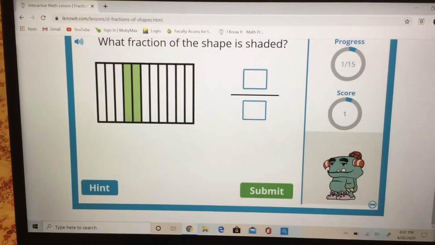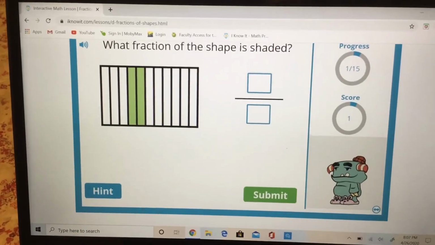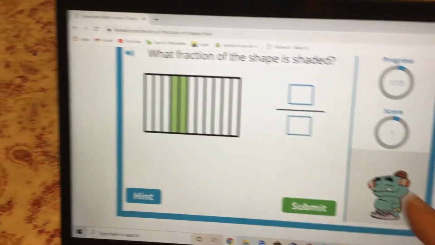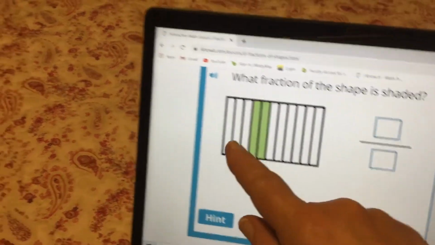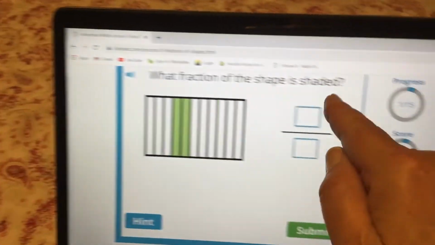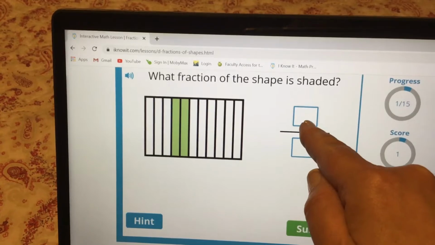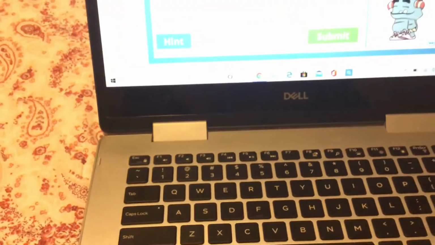Here we go. What fraction of the shape is shaded? Well, this is a perfect example here, and I like how they're doing this. Because remember that our numerator is going to show the shaded portion. So we have the shaded portion as 2.